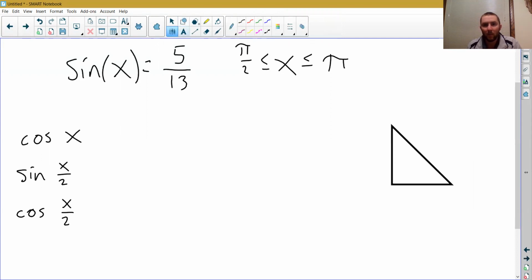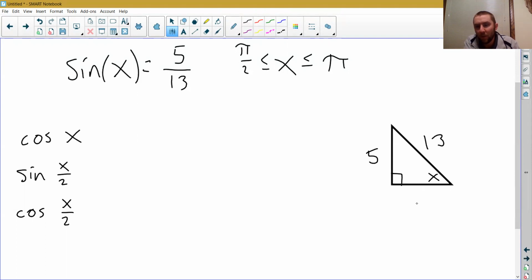So I'm going to start labeling some of my sides. Let's say this is my angle x, and the sine fraction is opposite over hypotenuse. So this must be 5 and this must be 13. I'm going to use the Pythagorean theorem to find this other side so that I can write a cosine fraction. 5 squared plus question mark squared is equal to 13 squared.